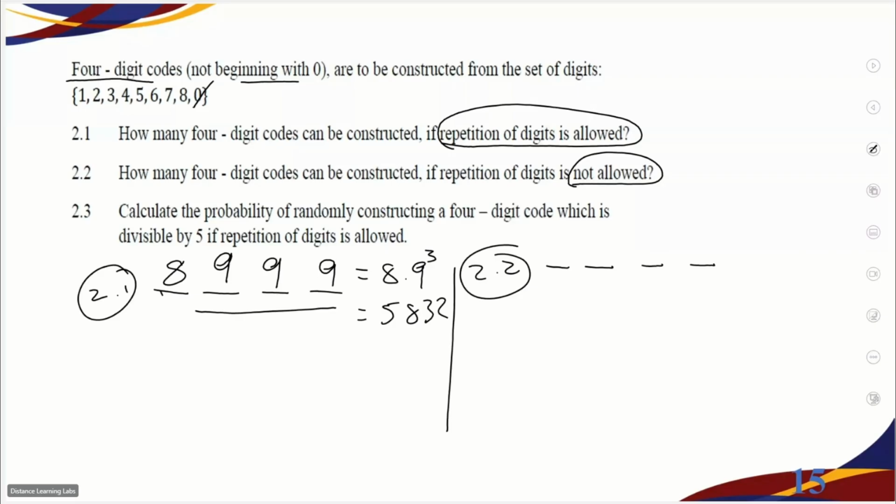Remember, for the first position, 0 is not allowed to compete. The options that we have for position number 1 are 8, excluding 0. One of the 8 occupies this. Let's say that position is occupied by 8, meaning 8 is being removed from the numbers that we have.